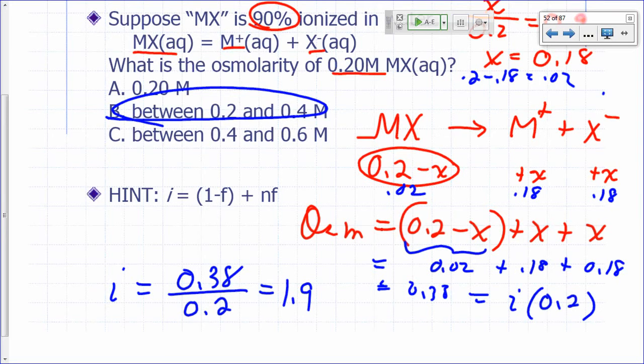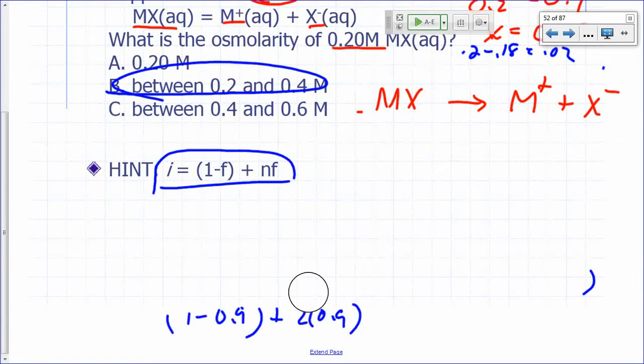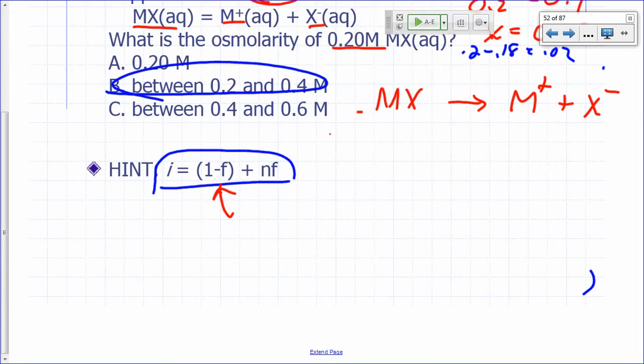Okay, it's not quite 2 because it's not 100% ionized. Here's a way of showing that the Van 't Hoff factor is 1 minus f plus nf. If you start off with 0.2, right? You're going to subtract 0.2 times 0.9, where f is 0.9.